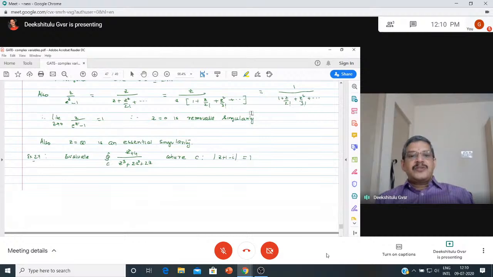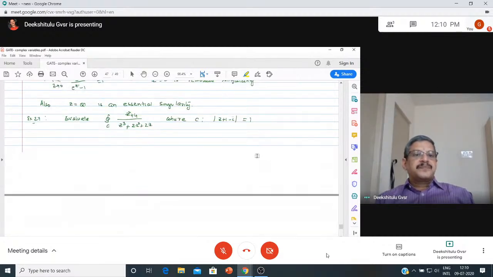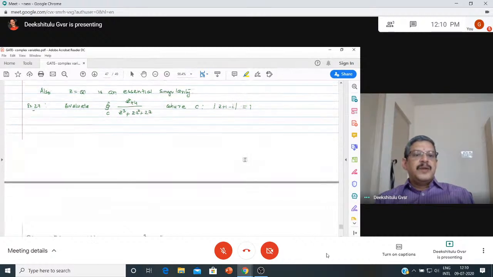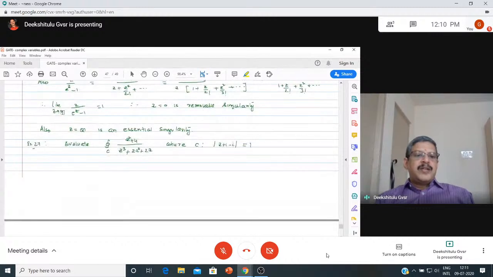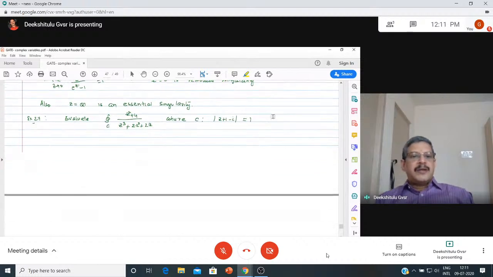So z is equal to 0 is a removable singularity. Why is it 1? Because if you put z equal to 0, it is a 0 by 0 form. If you apply L'Hospital's rule, 1 by e power z, 1 by e power 0, the limit becomes 1. So z is equal to 0 is a removable singularity.